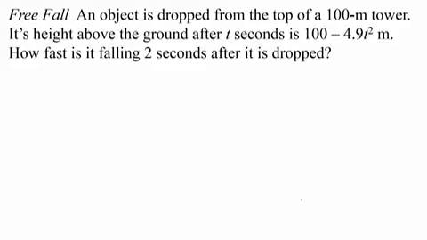An object is dropped from the top of a 100-meter tower. Its height above the ground after t seconds is 100 minus 4.9 t squared meters. How fast is it falling 2 seconds after it is dropped? So our limiting value m is equal to the limit as h approaches 0 of f of 2 plus h minus f of 2 all over h.